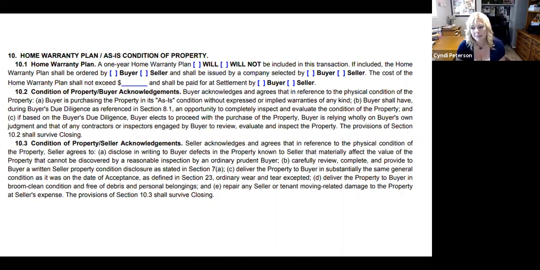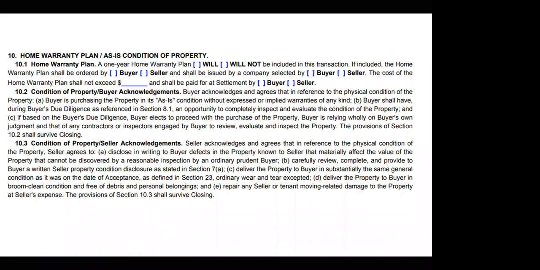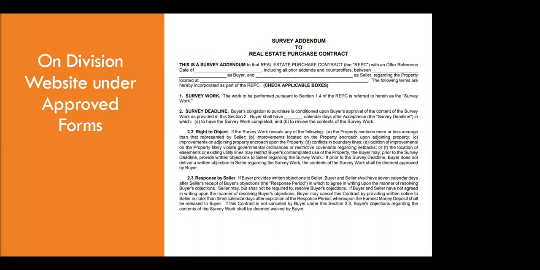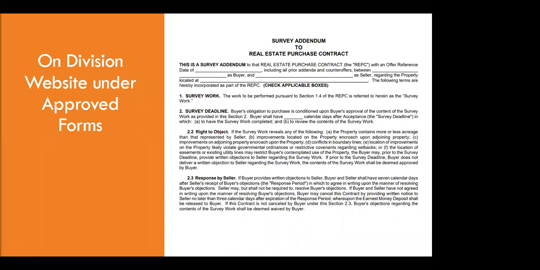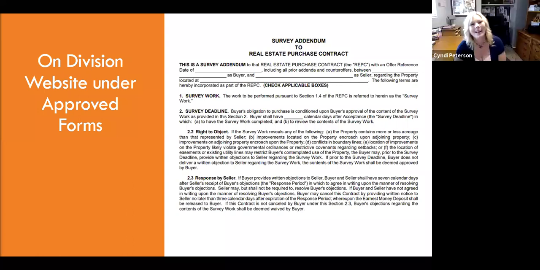I thought I heard maybe somebody was commenting. Not sure. I did see the MLS, they had the Alta survey. I haven't seen that one before either. Yeah, the Alta survey is for commercial properties. Okay. Yeah. I know because when I was trying to pull this up, it pulled up and I was like, oh no, that's not the right one.